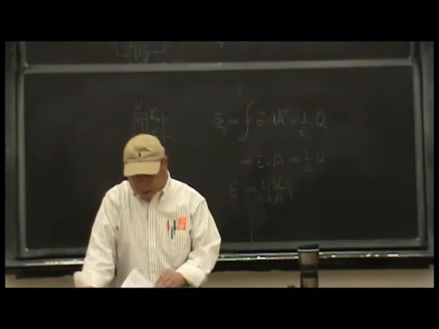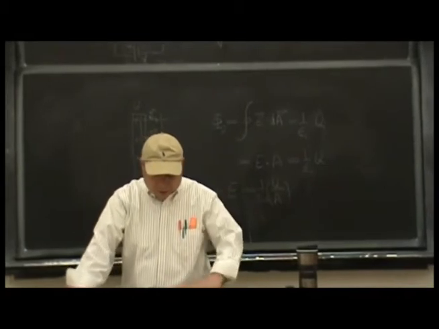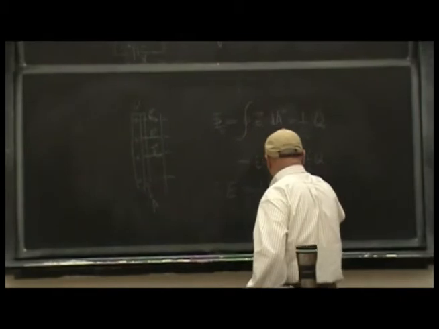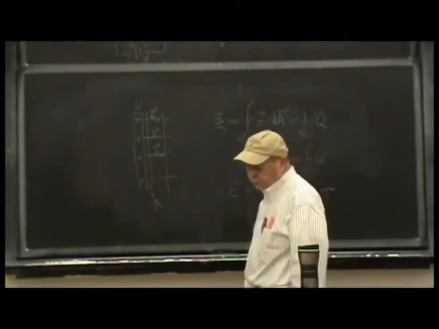So the surface density of the charges is sigma, and Q over A is 1 over epsilon sub 0 times sigma.